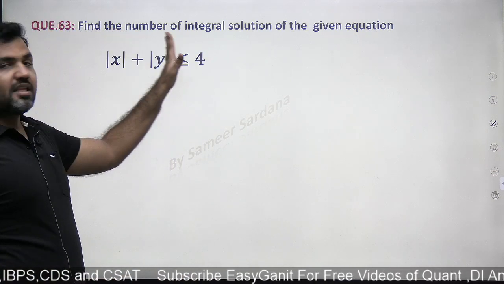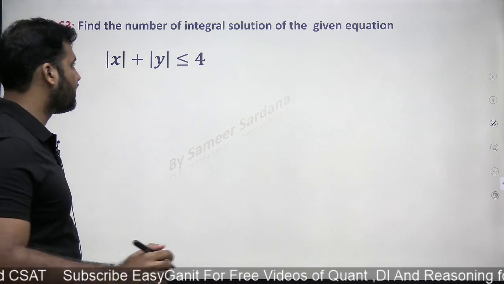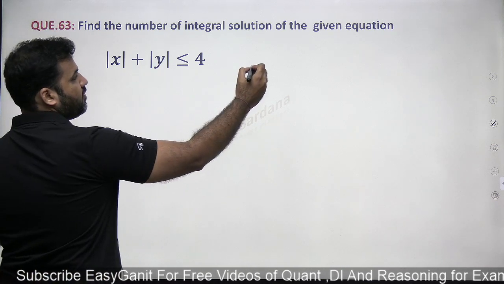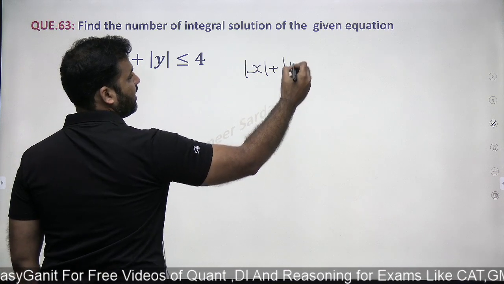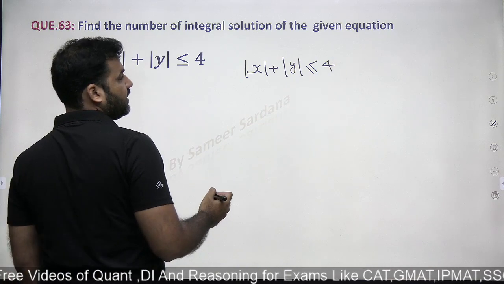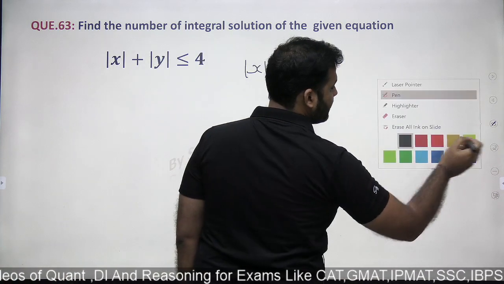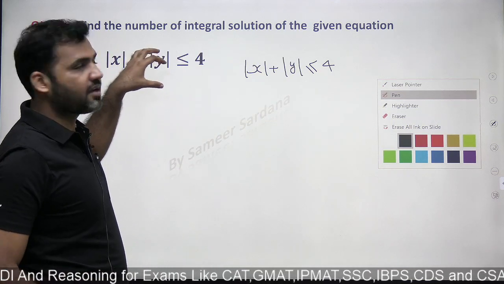First question is finding the number of integral solutions of the given equation. Now to solve this question, you should know how to draw the graph. See this, guys. Mod x plus mod y less than or equal to 4. Right? So to solve this, I want all the integral values which lie inside the region.